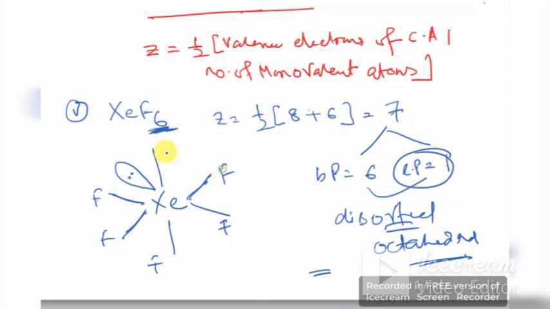In this way. So this is called distorted octahedral, and the lone pair you have to make at some angle. This is above and below the plane, and these 4 are in a plane. So in this way you can find out.